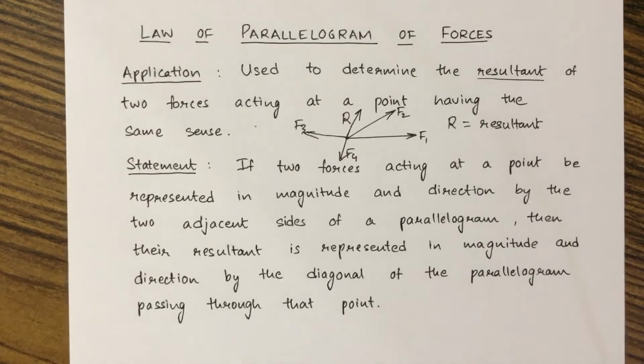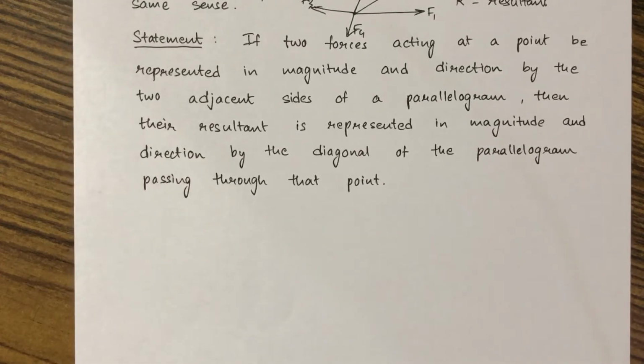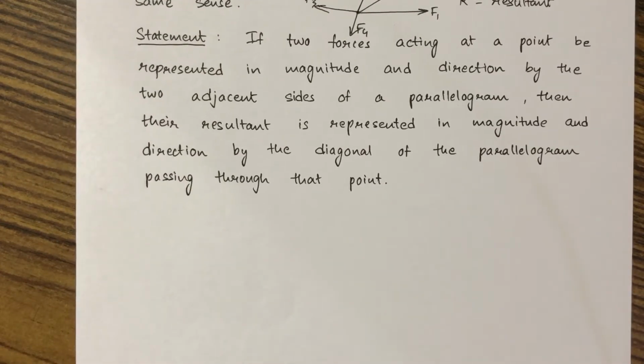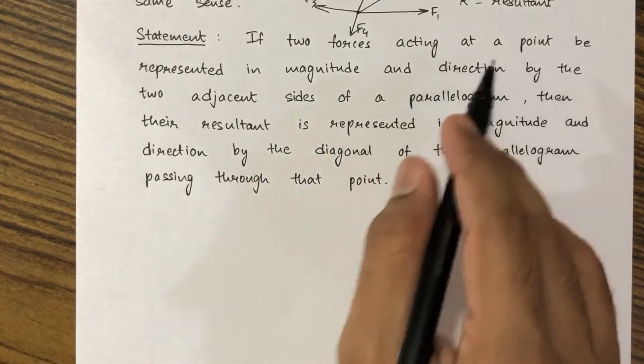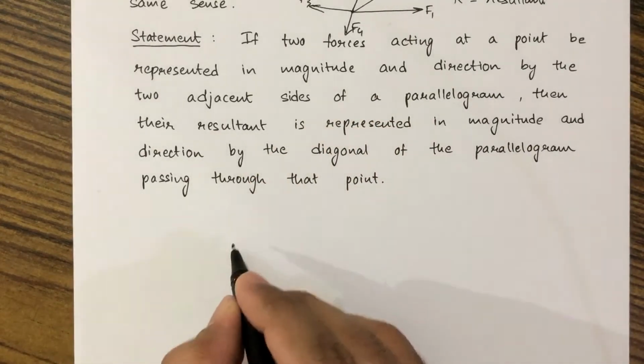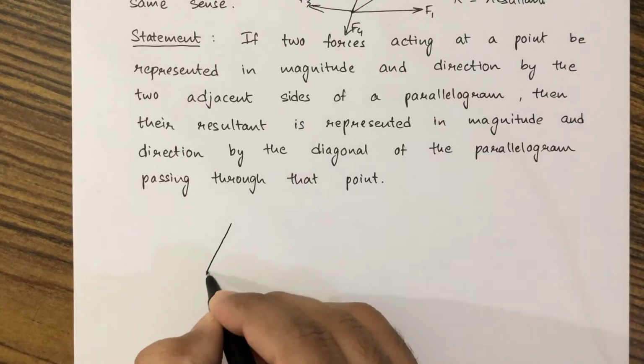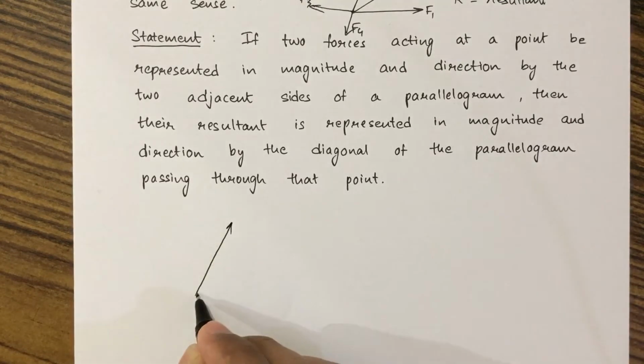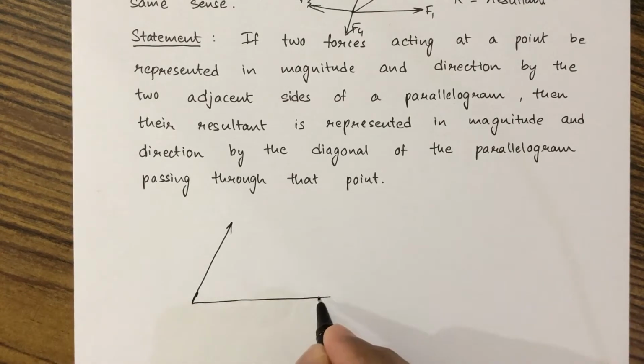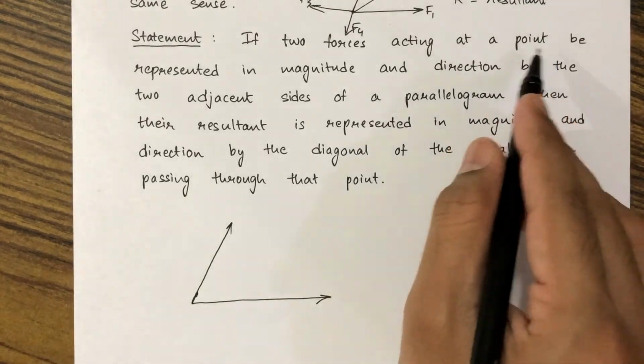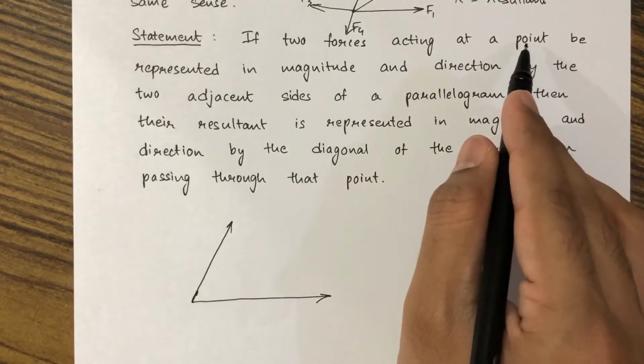Now let us understand the statement of law of parallelogram of forces. It is saying that two forces acting at a point, suppose this is one force and this is the other force. Now these two forces, it is saying it is acting at a point.